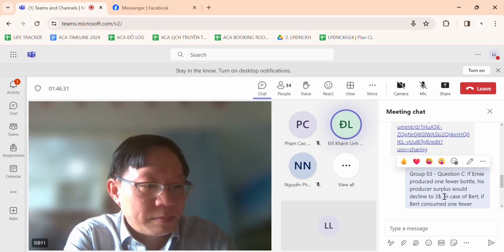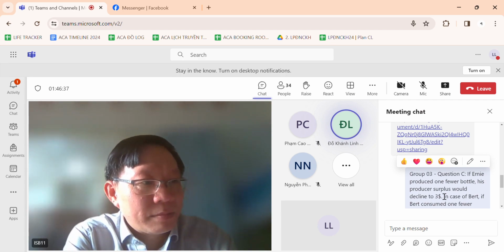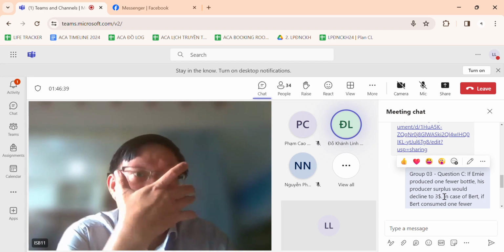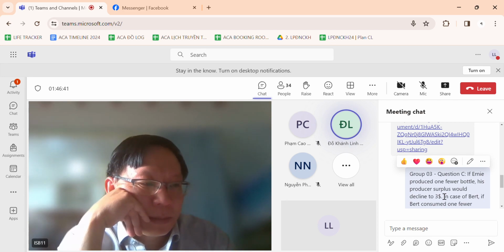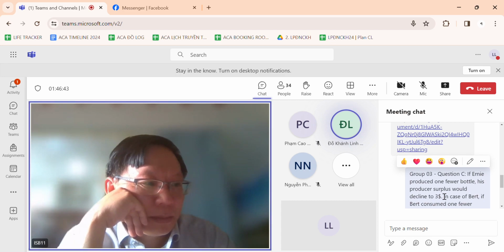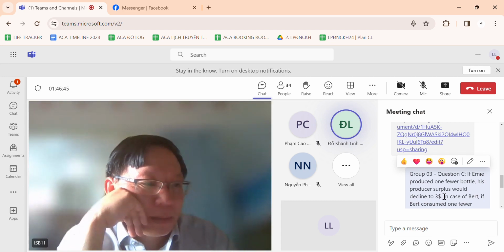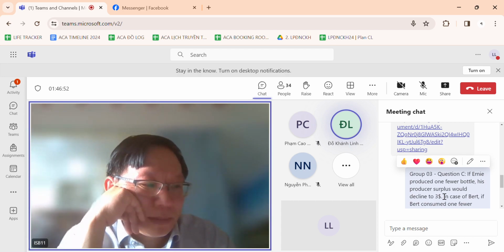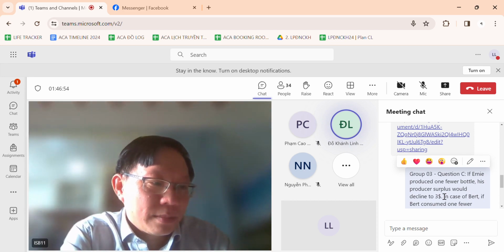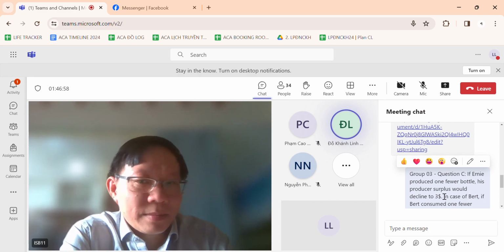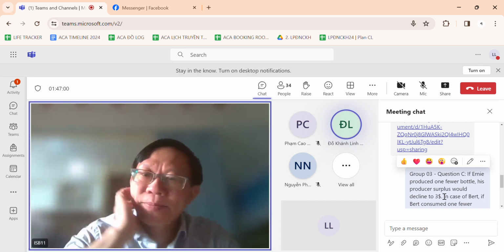The same thing happens for Bert, the buyer. If he buys the third bottle of water, his value would be $3, but the price is $4. So his consumer surplus would also decline by $1. So the total surplus will decline by 1 plus 1 equals $2. That's our answer.